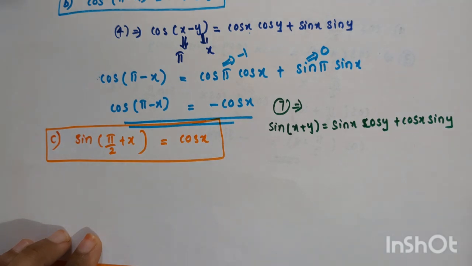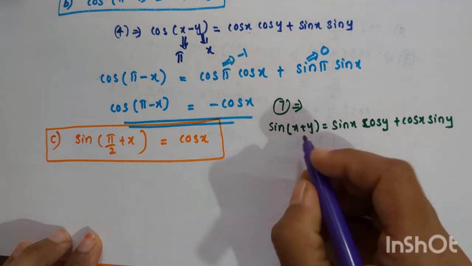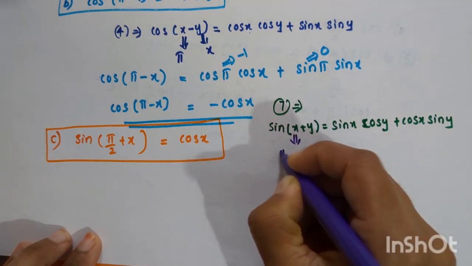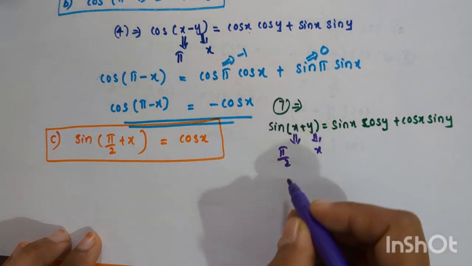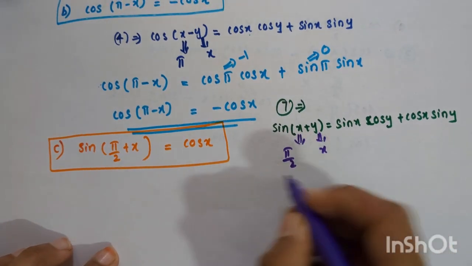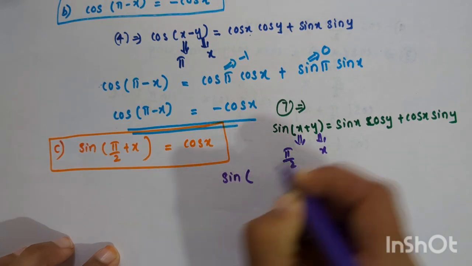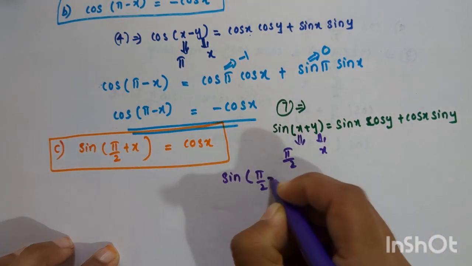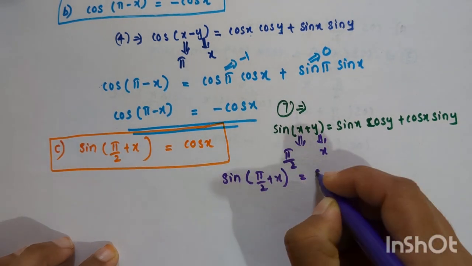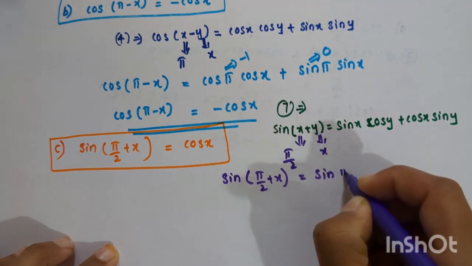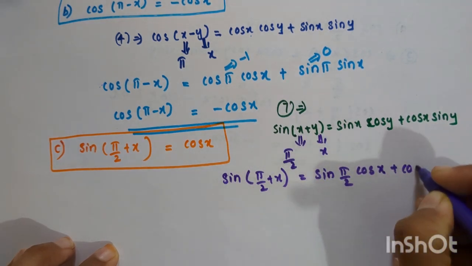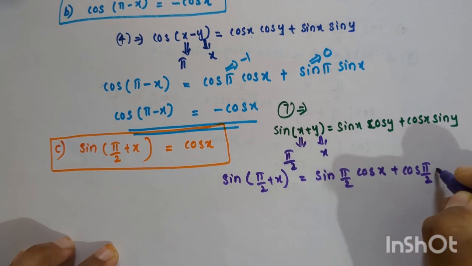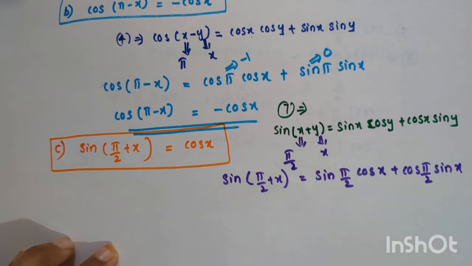So here what I am doing is, I am going to replace this x by pi by 2 and this y by x. So the seventh trigonometric identity will become sin of x plus y, that is pi by 2 plus x, is equal to sin x, x is pi by 2, cos y, y is x, plus cos x, x is pi by 2, sin y, y is x.